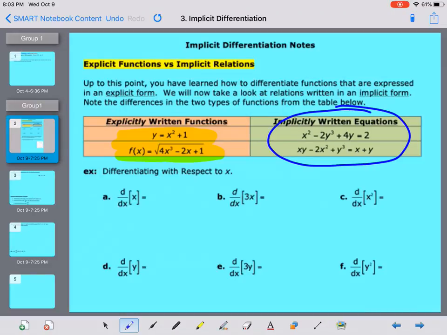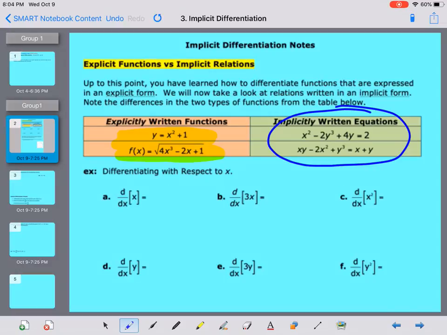The difference between our left column versus our right column is that our right column has an equation that can't necessarily be solved for y. Therefore, we have to treat them a little bit differently when it comes to the derivative process because we have our variables x and y mixed in our equation. Okay, so I'm going to talk about what that looks like and why the chain rule is a pretty important rule for this.